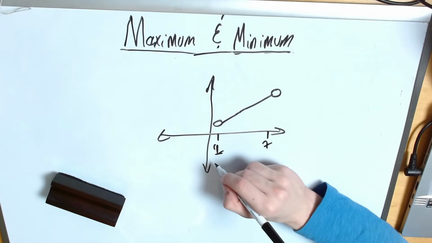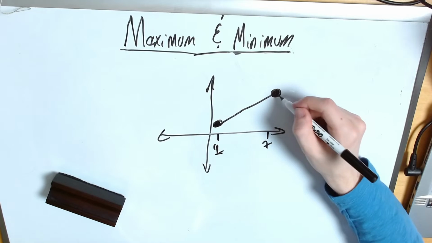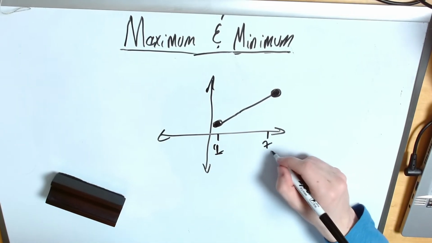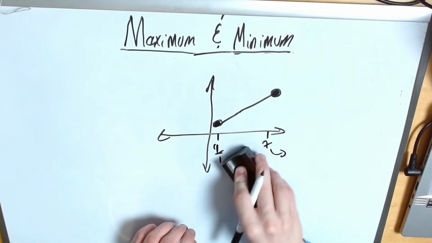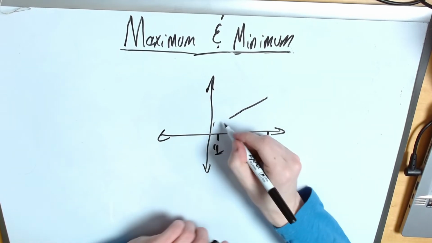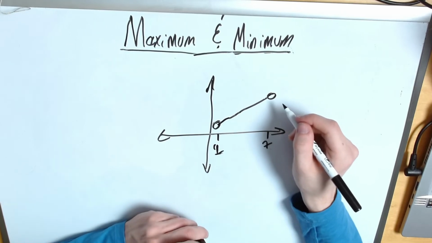So what is my maximum and minimum? If these were filled in, that'd be kind of easy. The graph is highest at 7 and lowest at 1, so my maximum is 7 and my minimum is 1, both absolute and relative. But that doesn't really work because these are open circles, so the graph doesn't exist at those points.